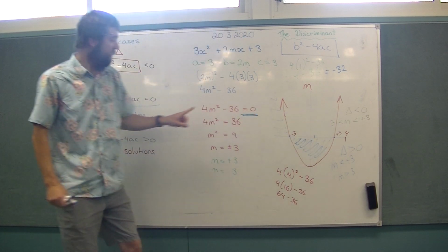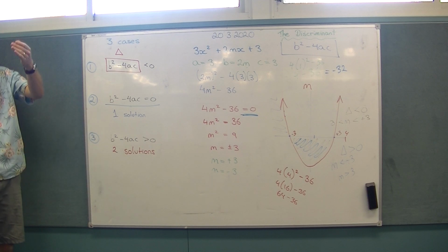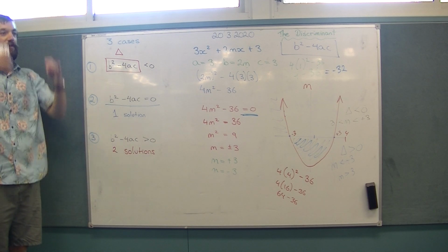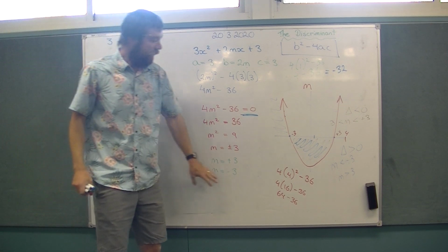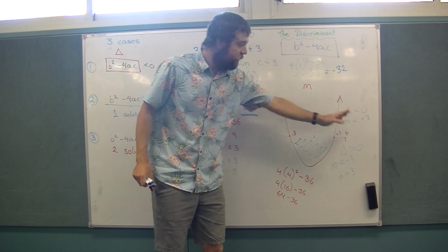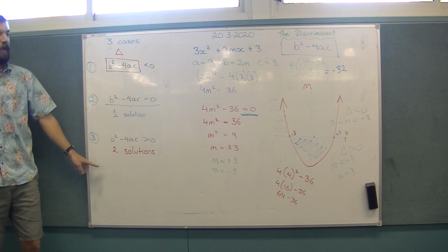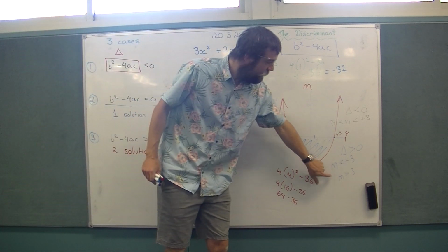At that point, you've got 1 solution. I know it seems like there are 4 solutions now, but you're dealing with the m values, which get put back into the discriminant, which get put back into the quadratic formula. Once you've found those equal to zeros, sketch the regions that give you the other 2 scenarios, less than 0 and greater than 0, and express them as inequalities.